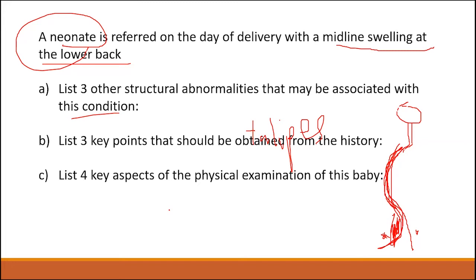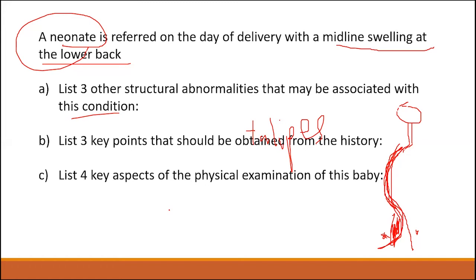So the 4 aspects of our physical examination: one, you want to examine the heart. Then you want to measure the head circumference. You want to know the size of the head, because don't forget, you said hydrocephalus, macrocephaly, all of these big head things. So you want to measure the circumference to see if it correlates to the normal size of a neonate's head.